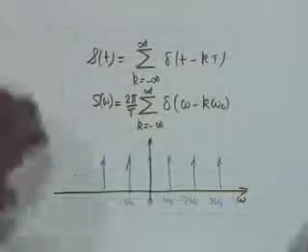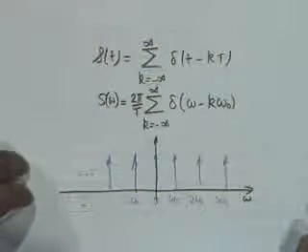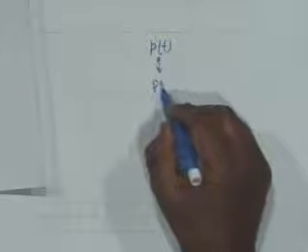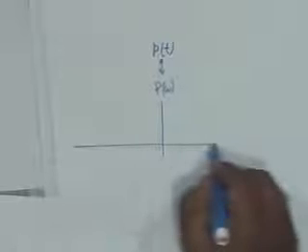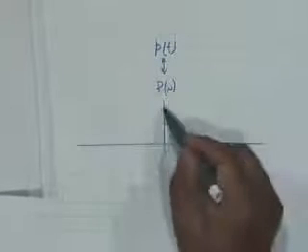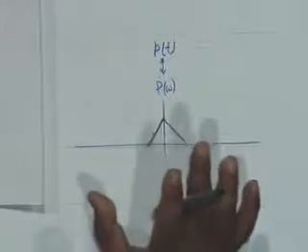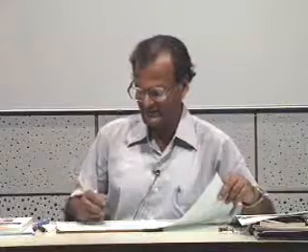Now, let us suppose that my signal P of t is some arbitrary signal such that its capital P of omega is band limited. Let's say it is like this. We always take a band limited signal like this. This is a hypothetical signal. It's only for illustration.